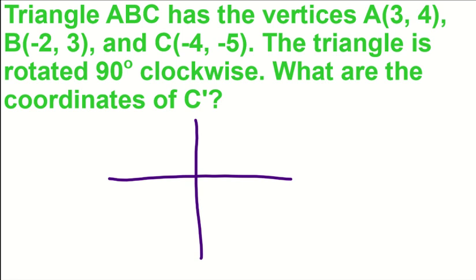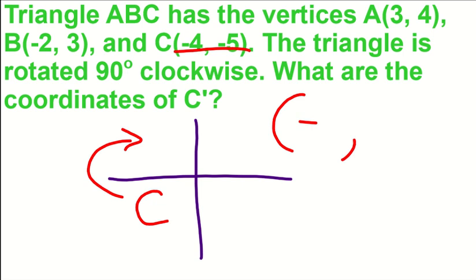All right, so if we got our coordinate plane, C to start with is negative, negative, puts it in quadrant 3. 90 degrees, how many turns is that? 1, we're going 1 turn clockwise. That's putting us up there on the top left, quadrant 2. In quadrant 2, we got -X values, +Y values.